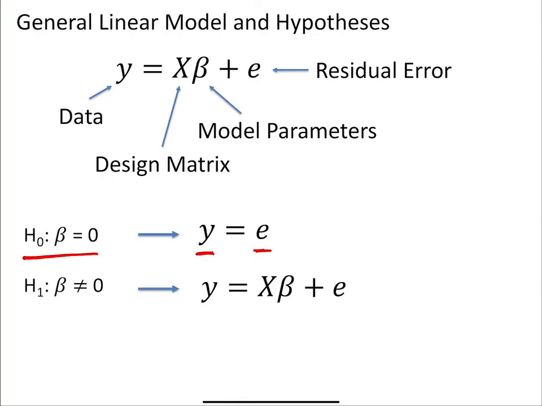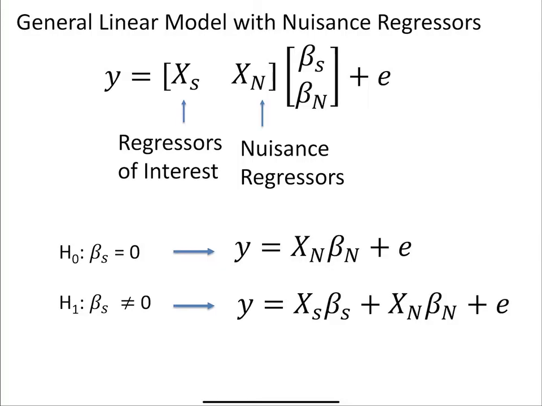In the alternative hypothesis, beta is not equal to 0, so we expect the data to have a signal term plus a noise term. Now we're going to introduce nuisance regressors and talk about how that changes the picture.